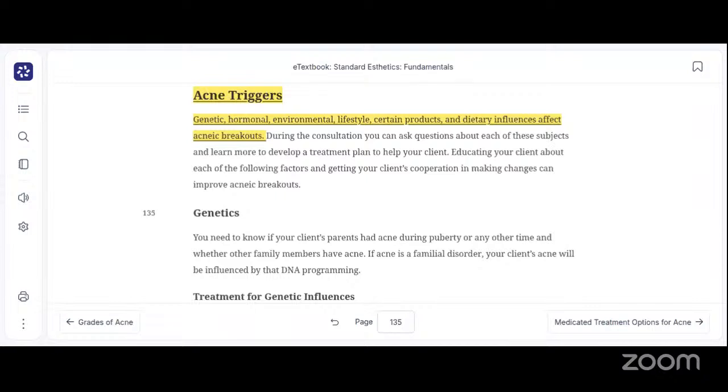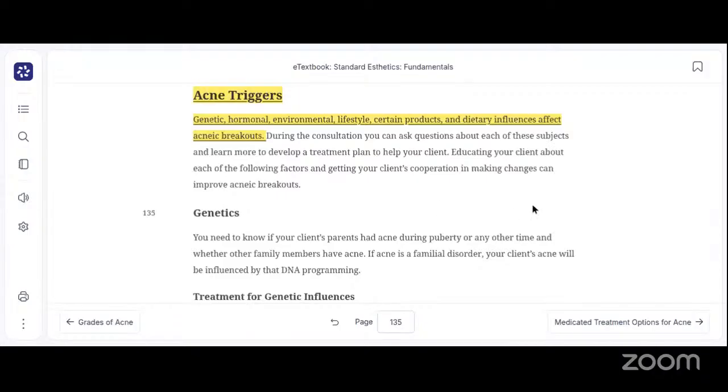So I talk to my clients about that because I myself go through the same thing. If I have to cut back and have discipline with myself about certain things just so my skin can be in a certain place, I'm going to share with my clients what has worked for me. So that's that educating component. You have to educate your clients.